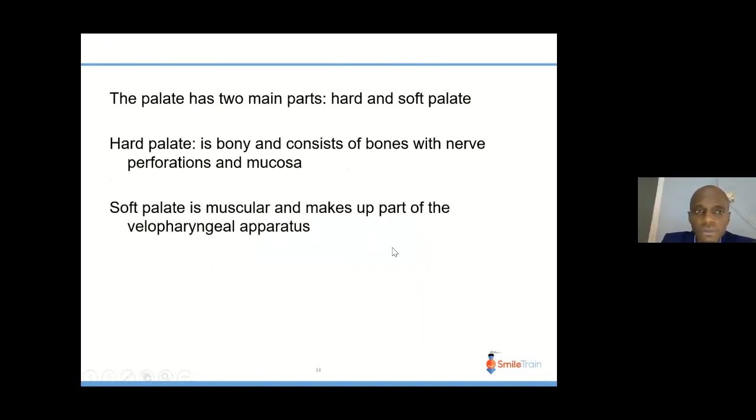The palate has two main parts: the hard and the soft palate. The hard palate is the bony part, and the anterior part, that's the front, has the nerves and also has the mucosa. Then the soft palate is the muscular part that makes up the velopharyngeal apparatus.